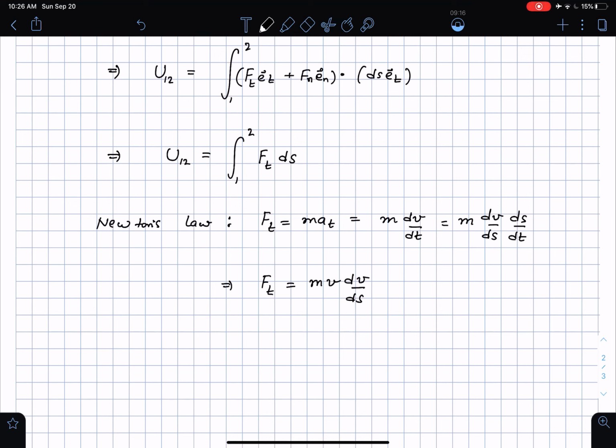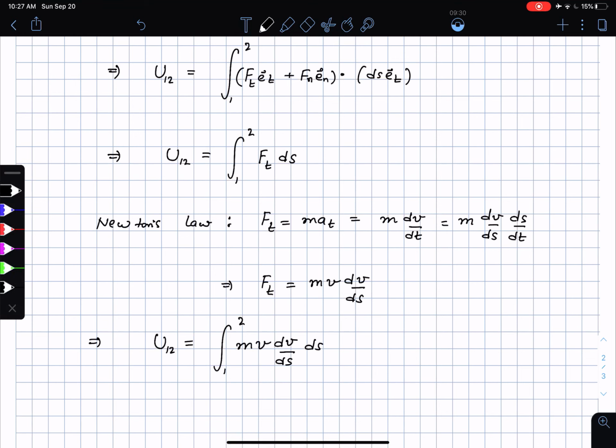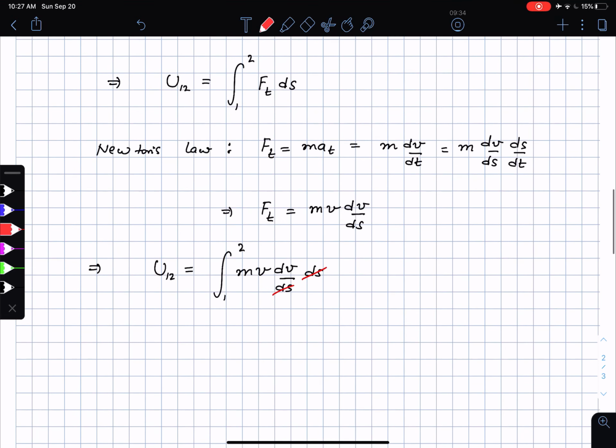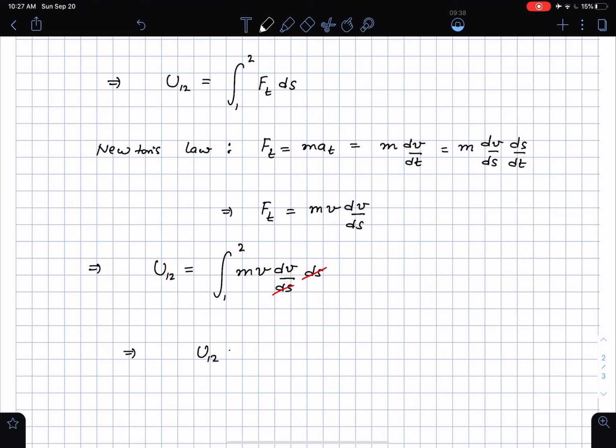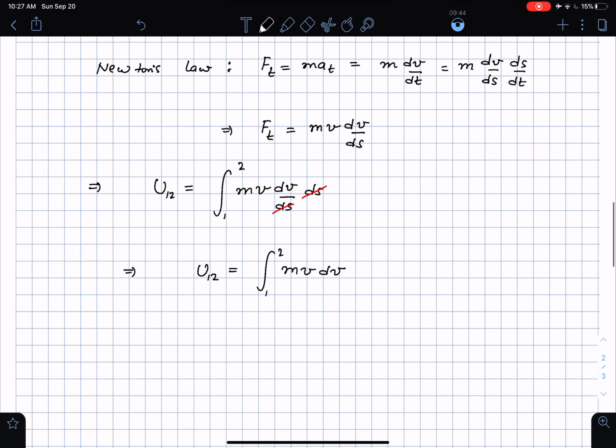Substituting this, U12, instead of the integral of Ft ds, becomes the integral from 1 to 2 of m v dv by ds times ds. Obviously I can cancel ds, and this leaves me with something really nice: U12 is equal to the integral from 1 to 2 of m v dv, which can be integrated easily.